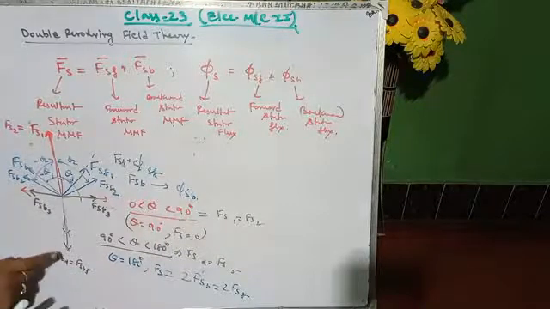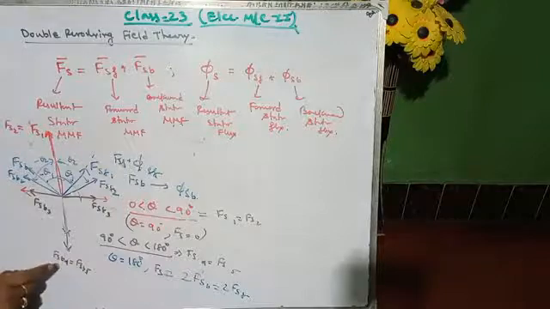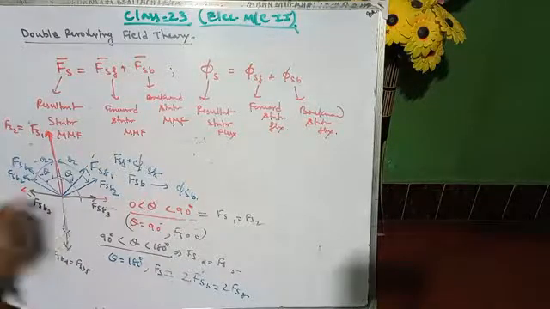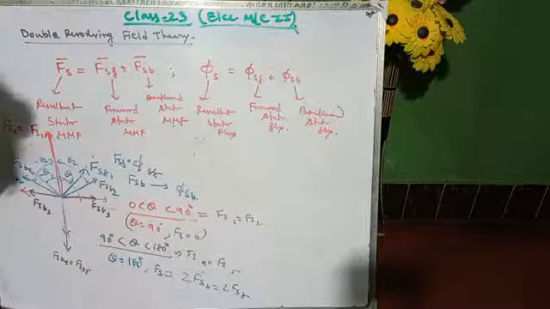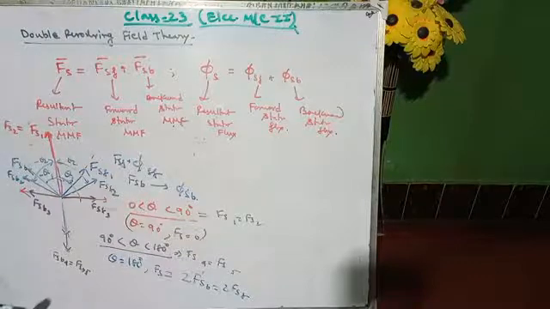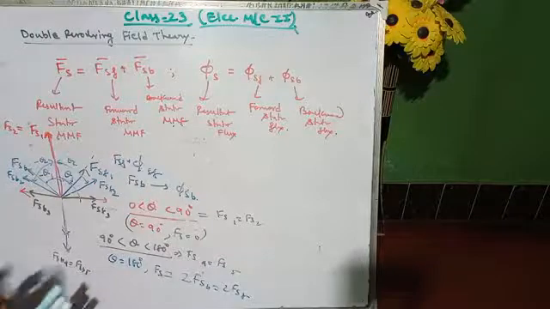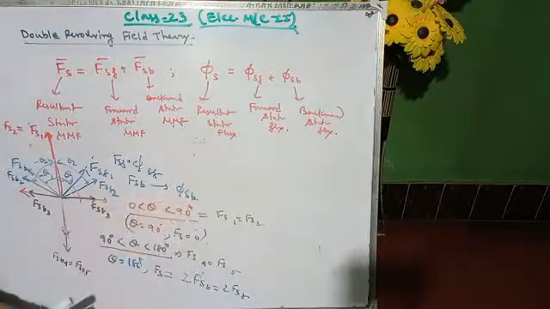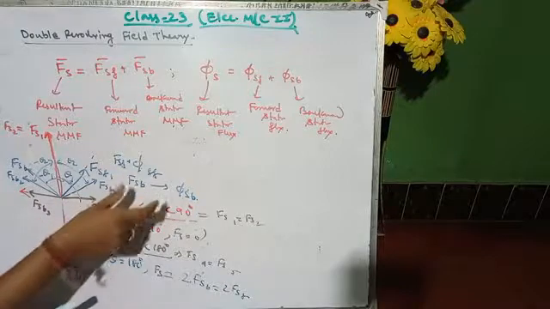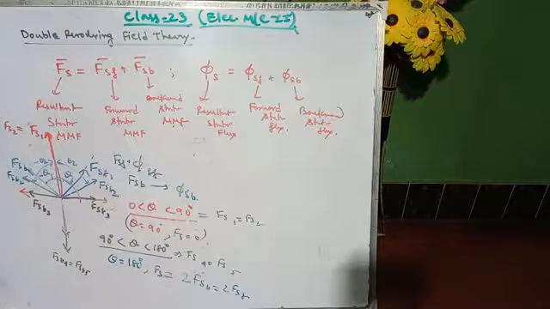When phi of f and phi of b are in the same phase, then they are added, and the resultant flux will be double. And when they are in phase opposition, then they cancel themselves to produce zero flux.